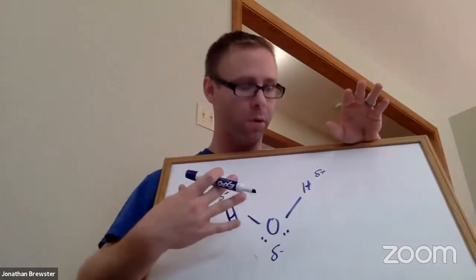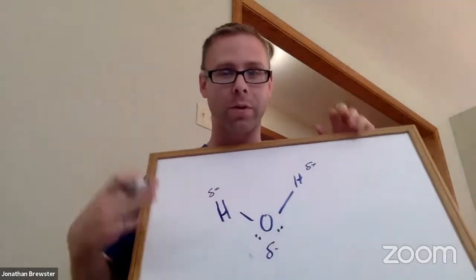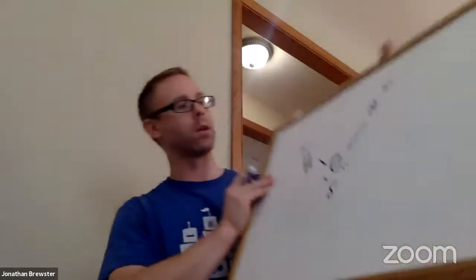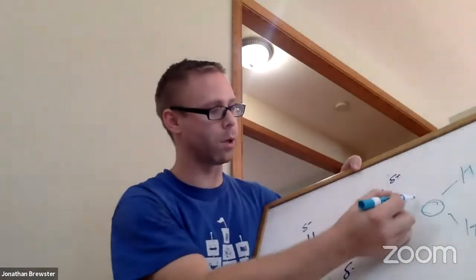But what does this mean for the overall molecule? It means it's a magnet. It's got a north and south pole, essentially. It's got a positive end and a negative end. And that means if we start drawing multiple water molecules, they're all going to want to line up in a very specific way. So you're going to have another water molecule here.